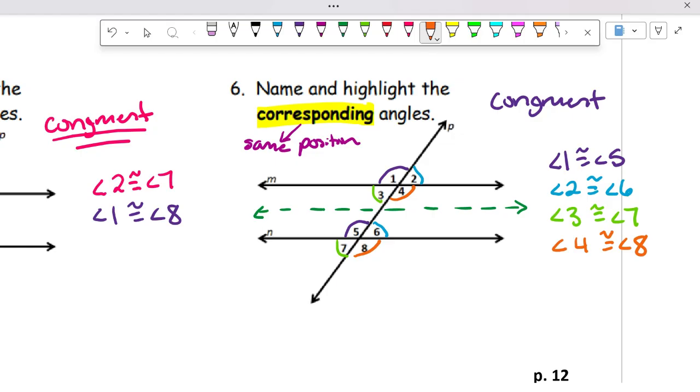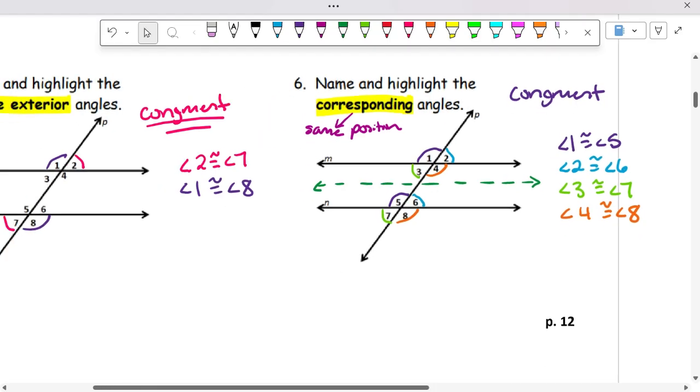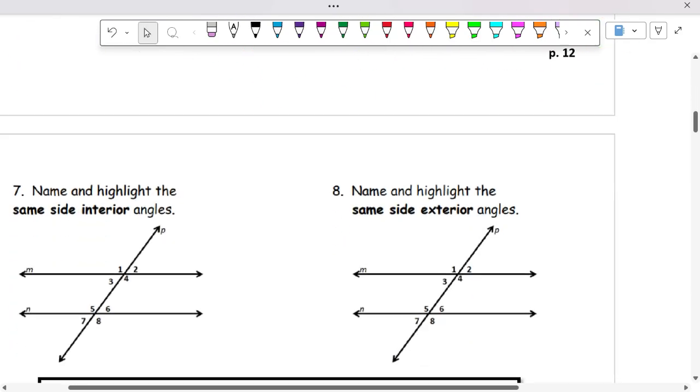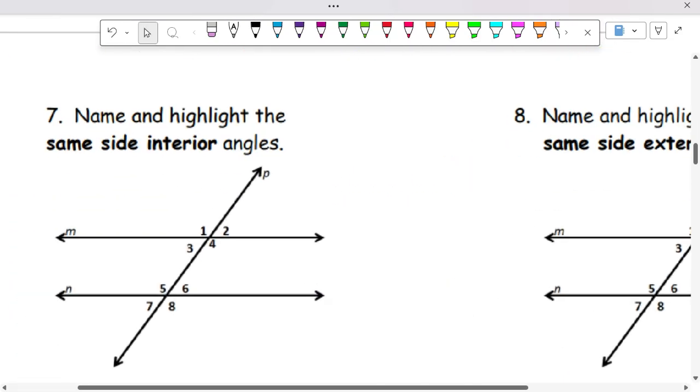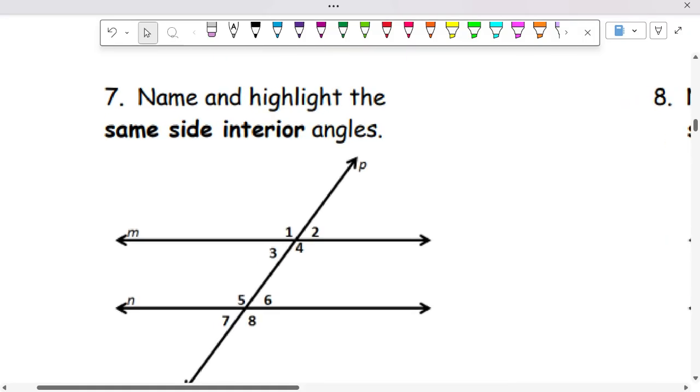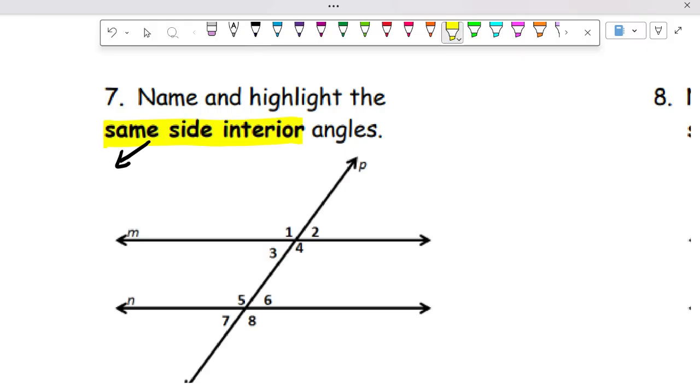Now, the last two that we're going to talk about is another set of interior exterior. They mean pretty much the exact same thing. So look at the next page. The next set we're going to talk about is same side interior. Note this, another name for same side, whether it's exterior or interior, is consecutive.